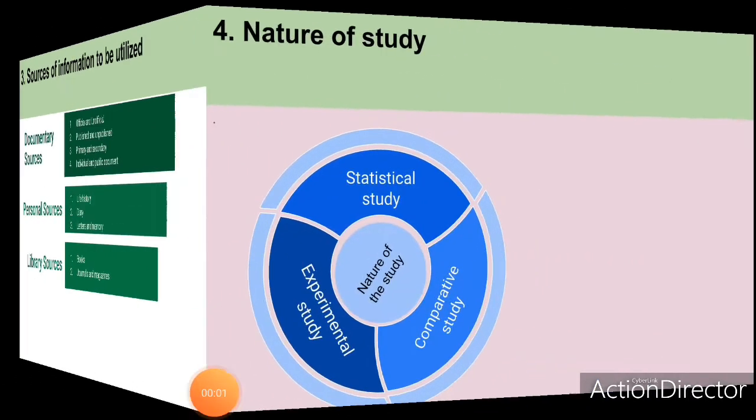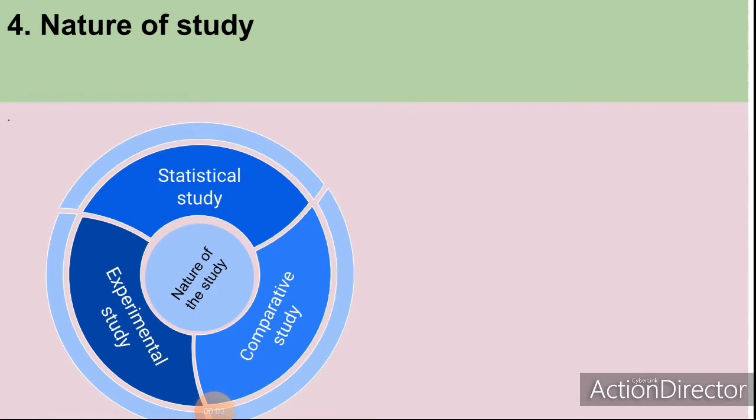Now, next step in research design is to ascertain the nature of study. The researcher wants to ascertain whether the study is a statistical study or a comparative study or experimental study or a combination of all. Which means before going to start a research, the researcher should finalize whether his study is statistical study, comparative study, experimental study or combination of these.